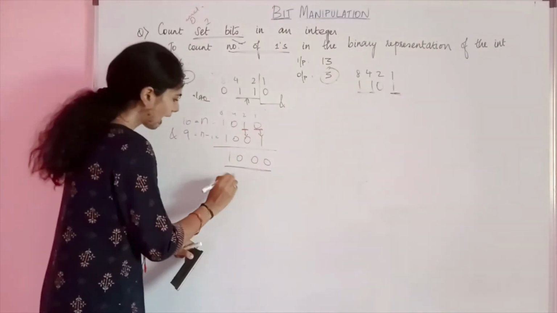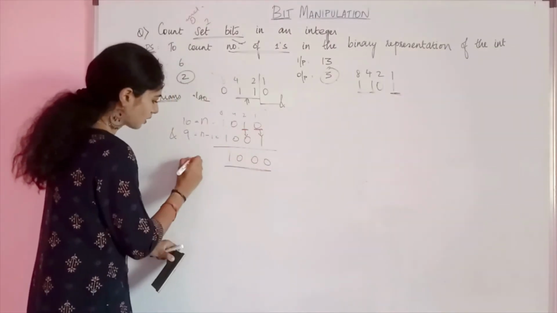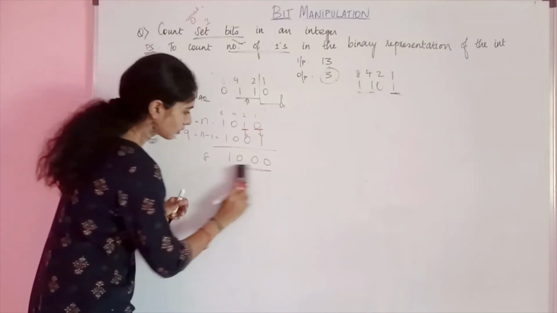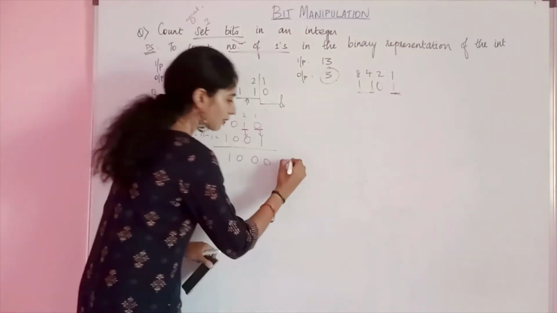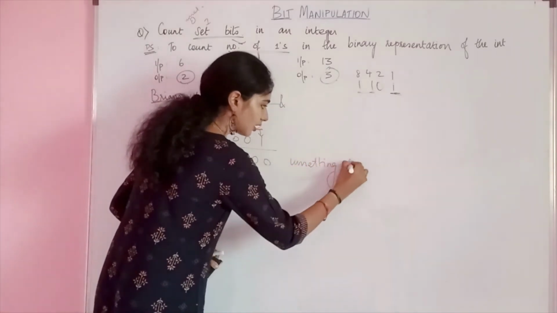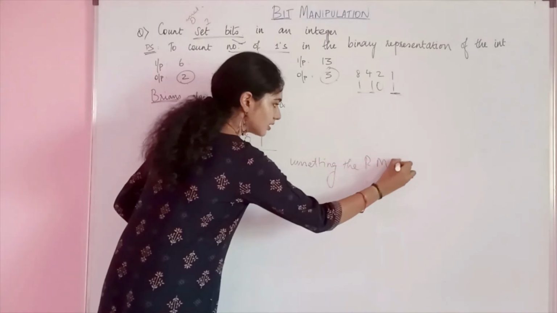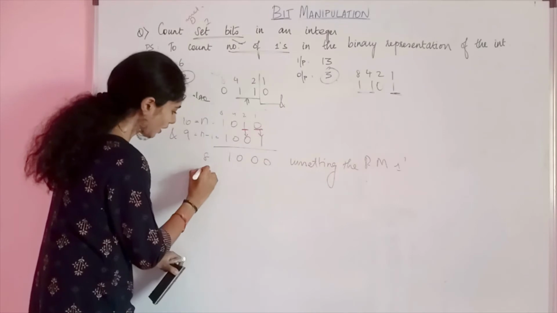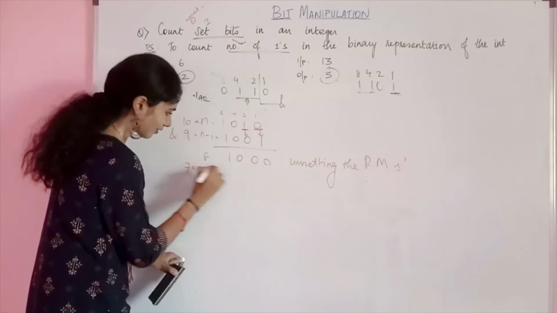Alright. Fine. And then, what is this now? This is basically 8. So what am I doing? I am unsetting the rightmost one. Again, if I do n minus 1, this is going to be 7.